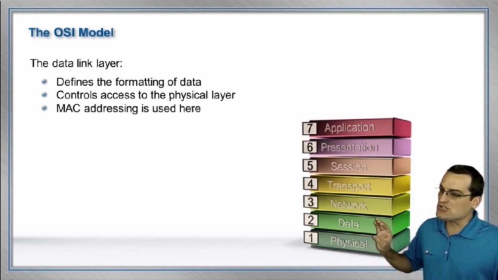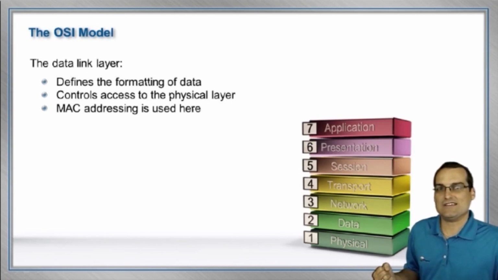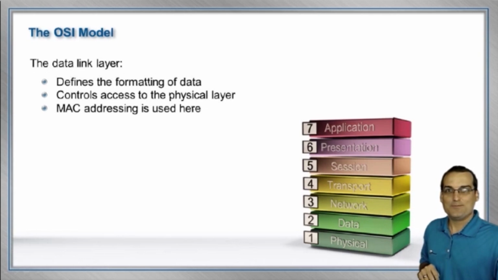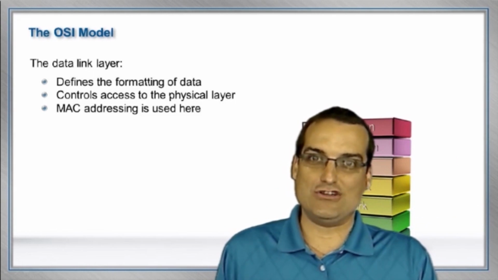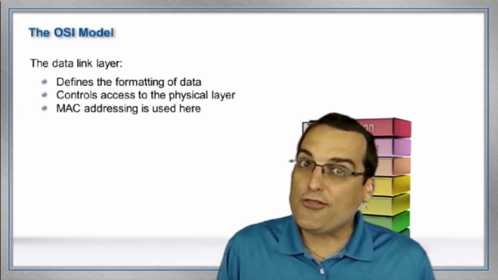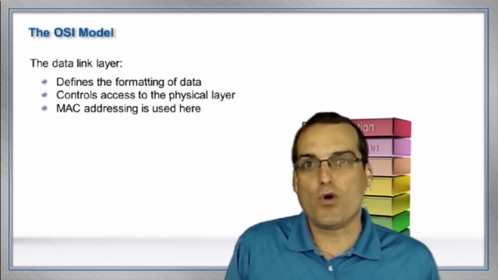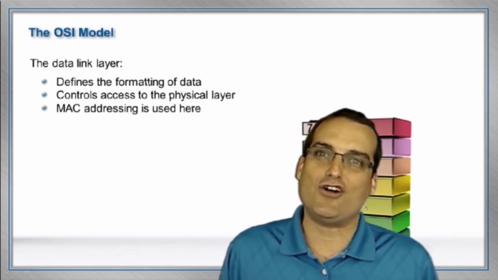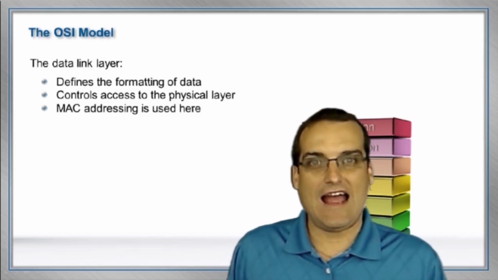And it's also the job of this data link layer to start implementing addressing, what we call layer 2 addressing in networking. As a matter of fact, I want you to memorize that here at layer 2, the data link layer, in Ethernet networks, as we will see, we're going to have the first of our addressing for the network information that's being transmitted, and the addressing that we're going to use is called MAC addressing, Media Access Control addressing.